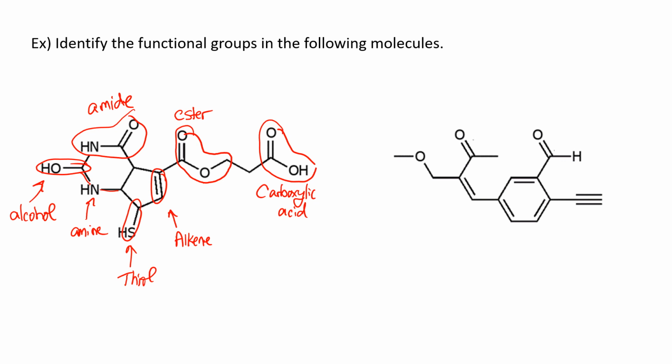In our next molecule, we have an oxygen atom sandwiched in between two carbons. That's an ether. We have a carbonyl that's in a carbon chain, so that's a ketone. There we have an alkene.